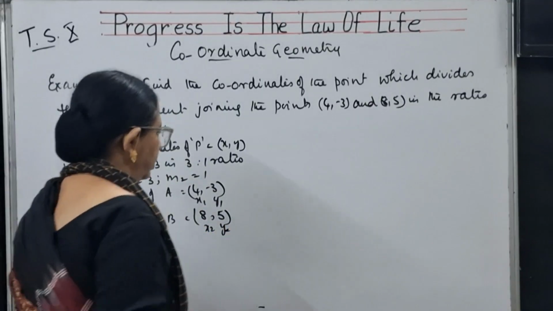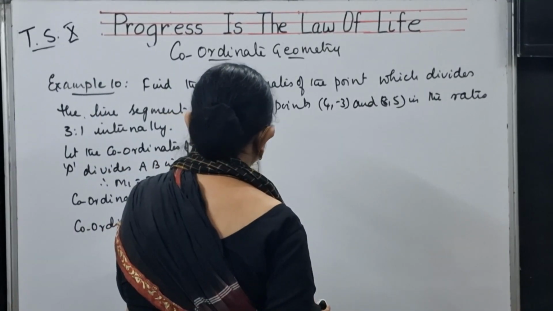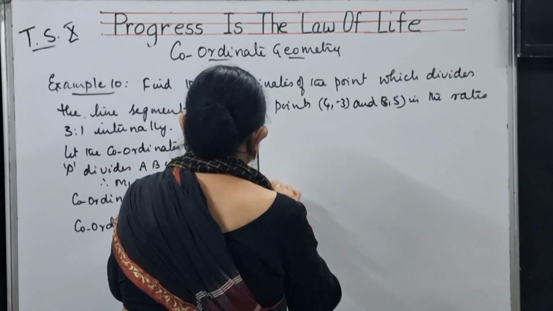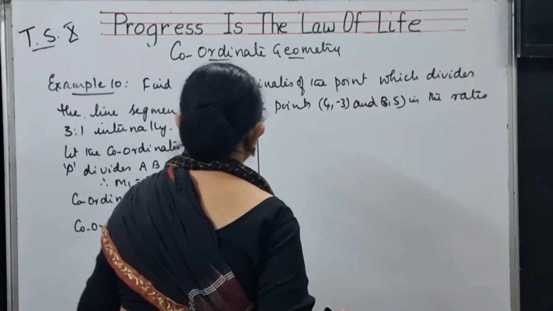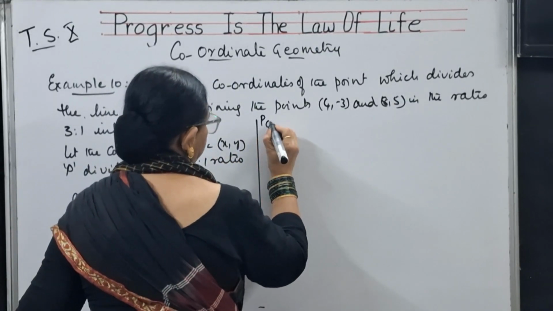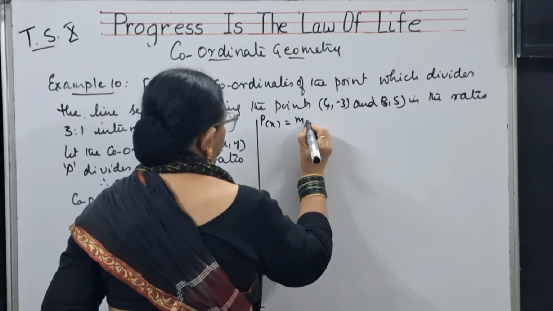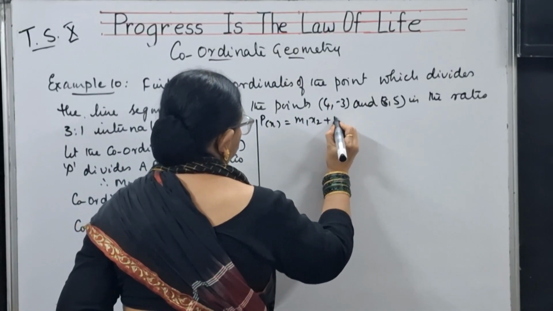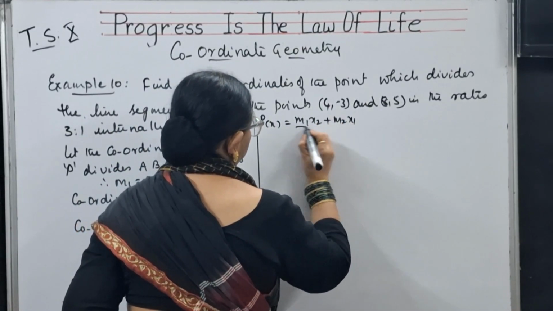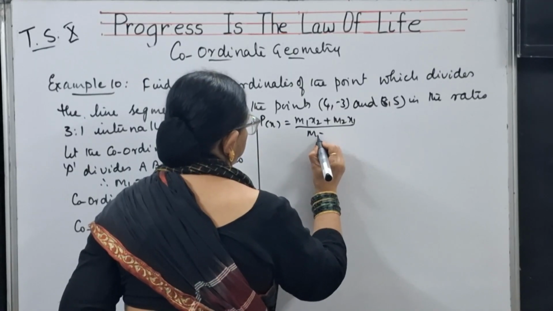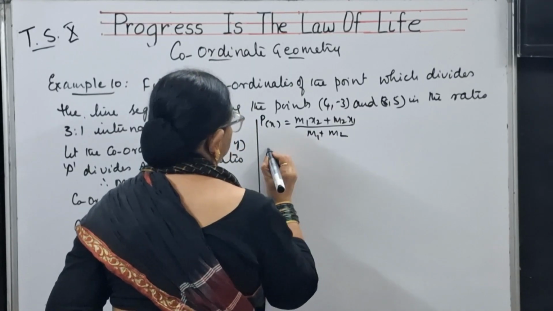So now we need to find P of x and P of y. Let us do them separately, children, instead of doing it together. Let me write P of x first. m1 x2 plus m2 x1 by m1 plus m2.